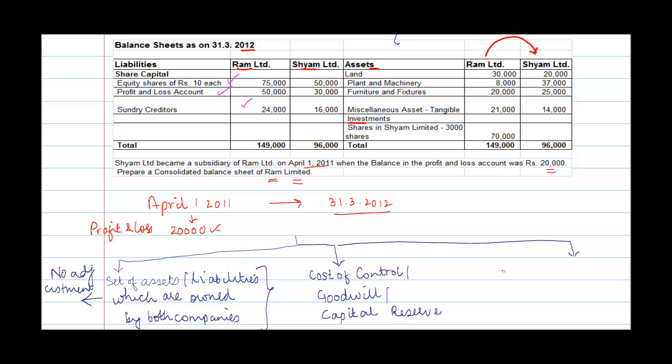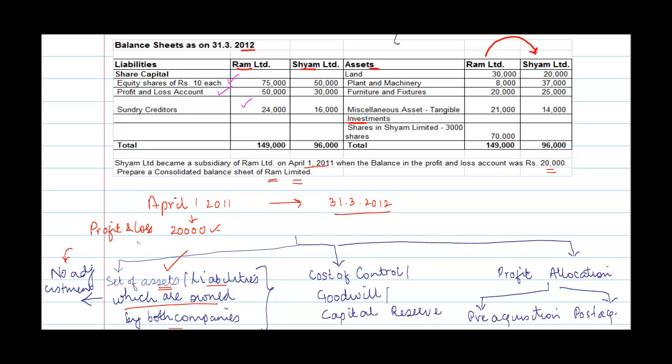And the third is the profit allocation: pre-acquisition and post-acquisition. The first one is very simple: the set of assets and liabilities owned by both the companies, but no adjustment required. We'll take them one by one.